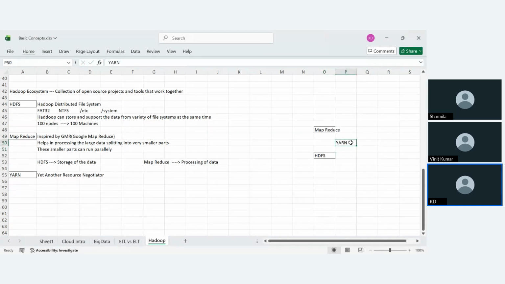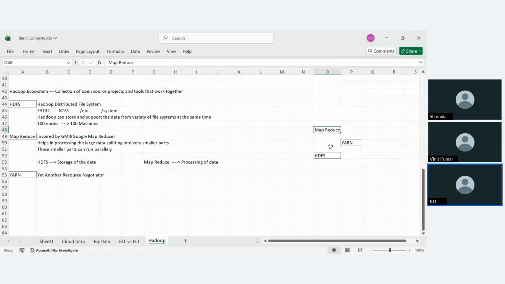What YARN is doing is, let's say MapReduce is engaging the resources. Let's suppose there are 100 resources, and out of that, 80 resources are engaged by MapReduce.